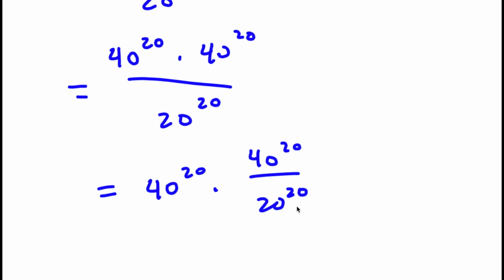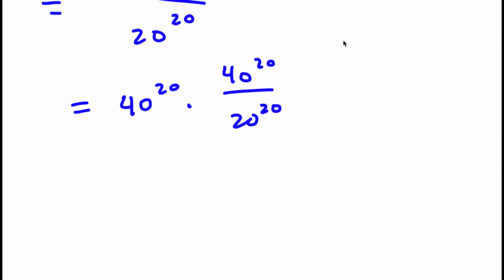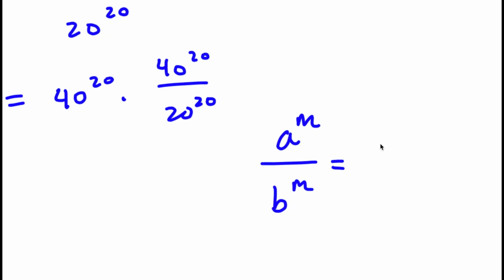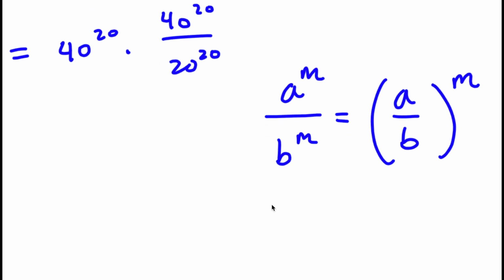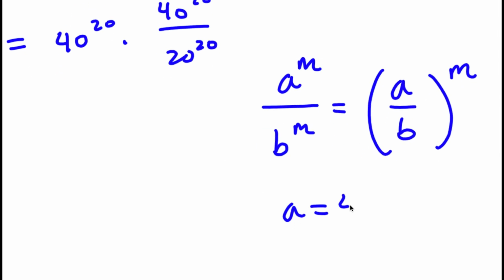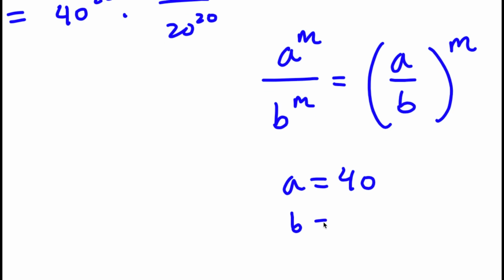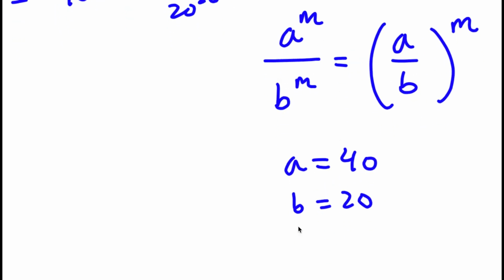And now, if I have something in the form a to the power of m over b to the power of m, this is the same thing as a over b to the power of m. In this case, a is equal to 40, b is equal to 20, and m is 20 as well.